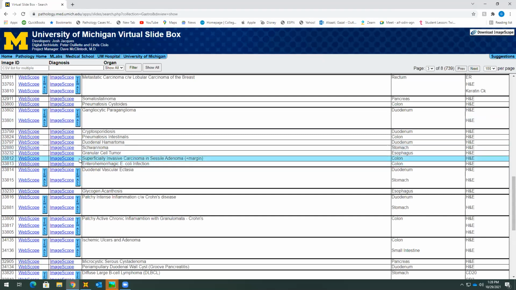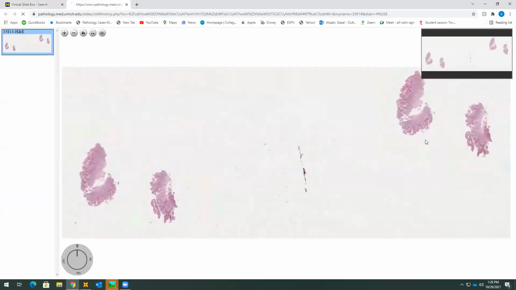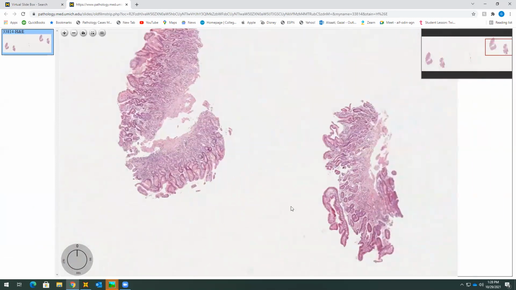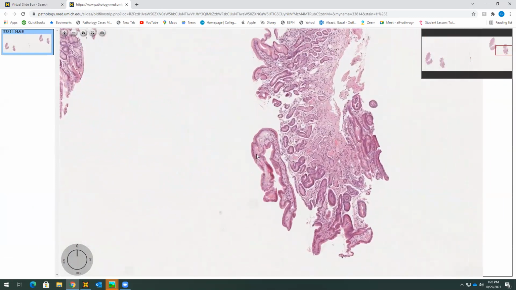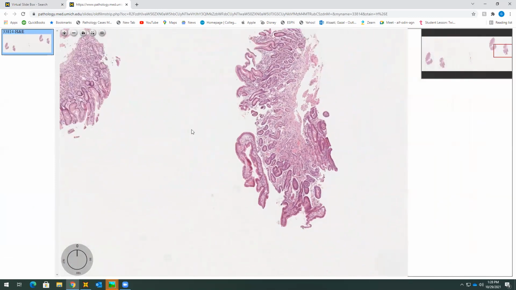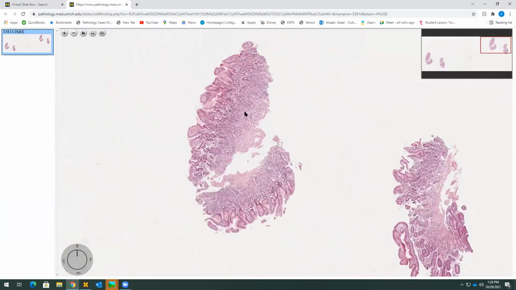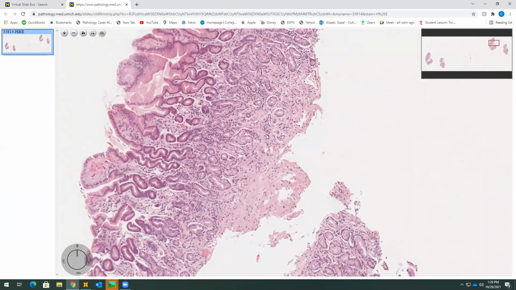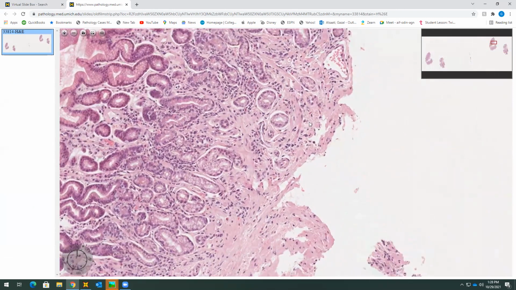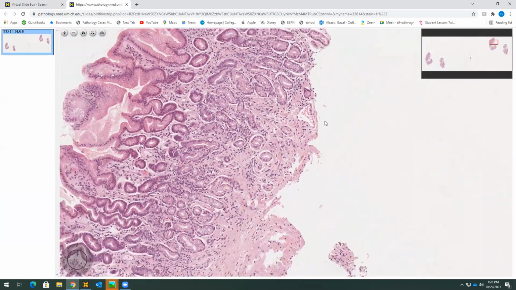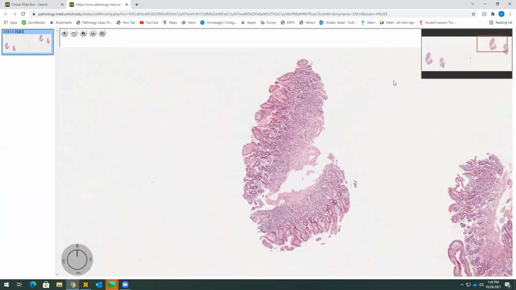You're welcome. Next is duodenal vascular ectasia. I have one in the duodenum and one in the stomach. So again, this is something that we get commonly. It is not something that is significant at all, but it's nice to confirm to the clinician that, oh yes, we have also the ectatic blood vessels that you saw.